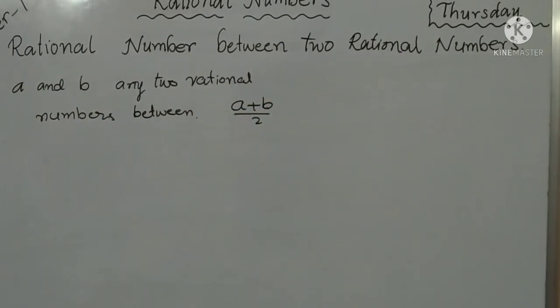A and B are any two rational numbers, then A plus B by 2. It is a formula. Okay.